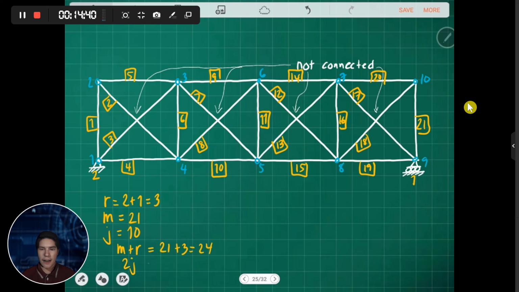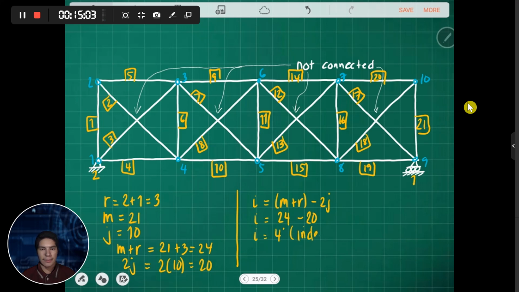And we have 2 times the joints, so this is 2 times 10, which is 20. So the degree of indeterminacy is m plus r minus 2 joints. So I is just 24 minus 20, so therefore I is 4 degrees indeterminate.